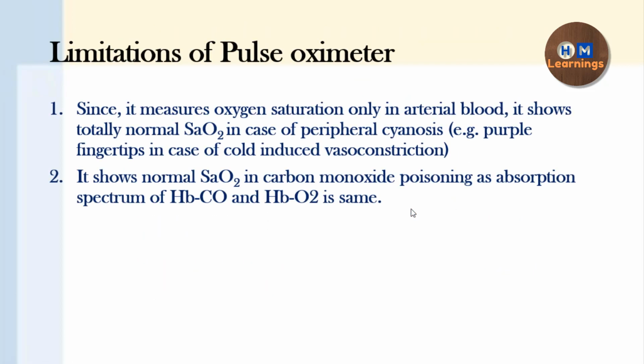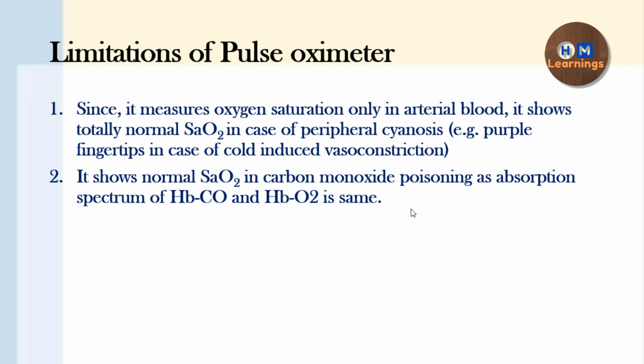Now, what is the limitation? There are two types of cyanosis. Cyanosis means there is a presence of deoxyhemoglobin in the peripheral blood. The two types are peripheral and central. The pulse oximeter is not able to detect peripheral cyanosis because it is basically giving you the SpO2 level in the arterial compartment and not in the capillaries, and cyanosis occurs at the level of the capillaries.